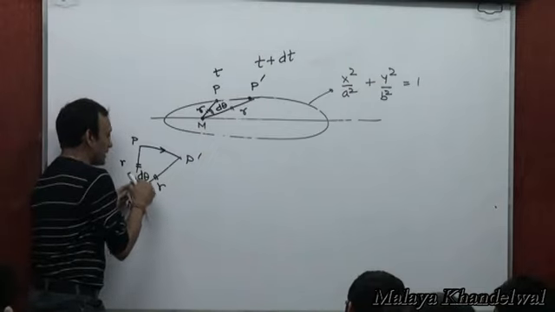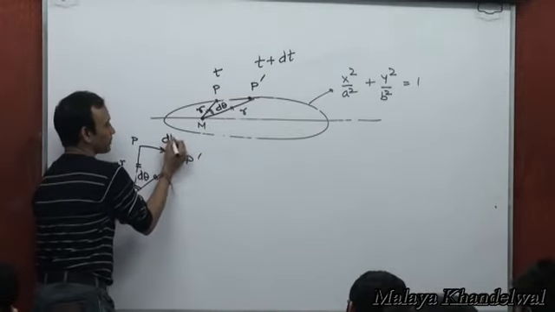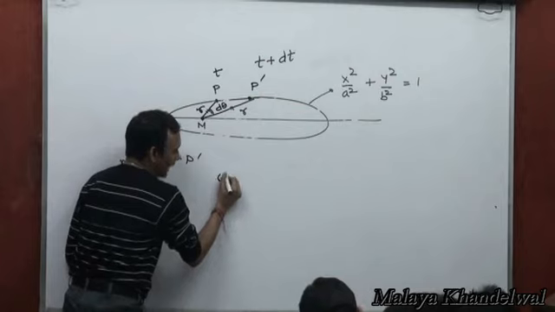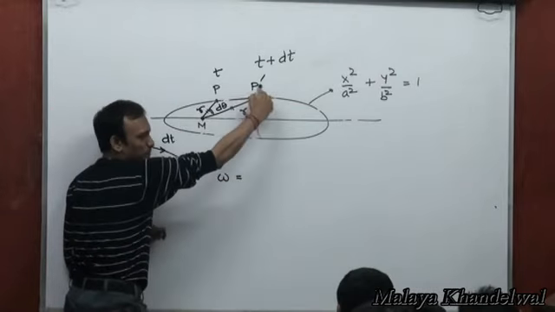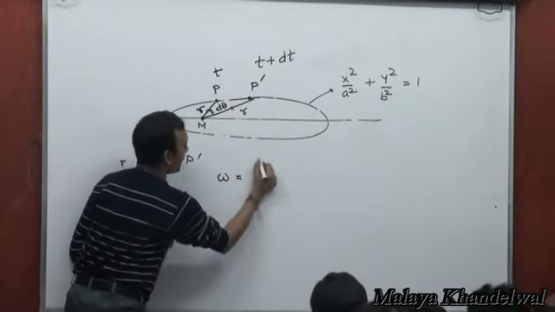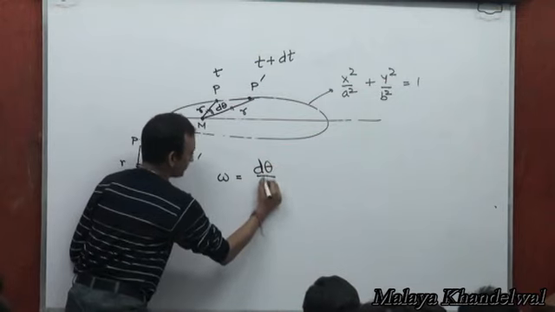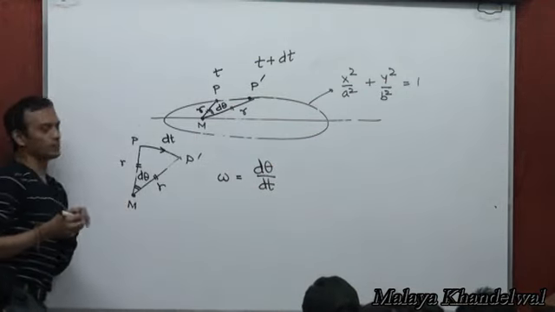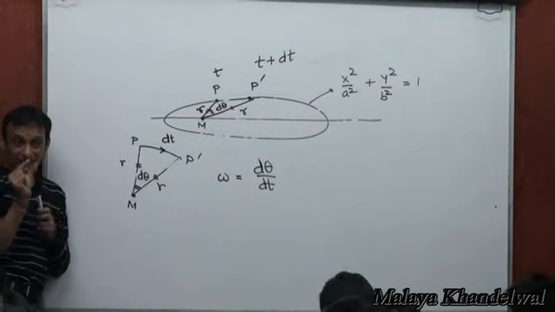Since it's describing an angle d theta in time dt, very clearly, its angular speed over PP' is d theta by dt.